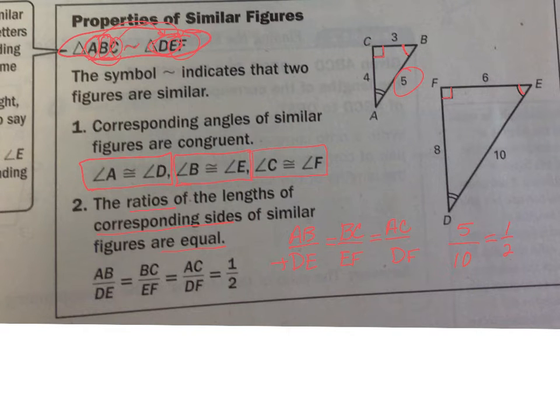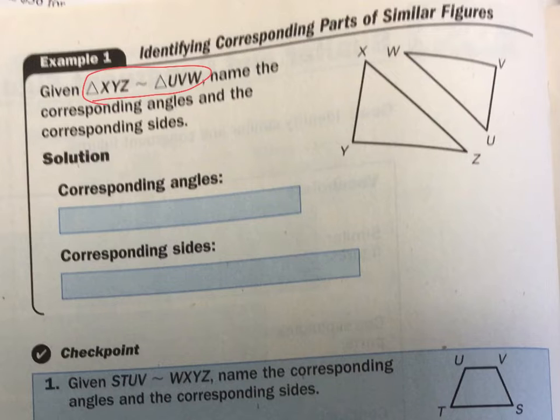BC, which is 3, over its corresponding side EF. 3 over 6, is that the same? Yep. And then AC, which is 4, over its corresponding side, which is 8. Are those all 1 to 2? Yeah.